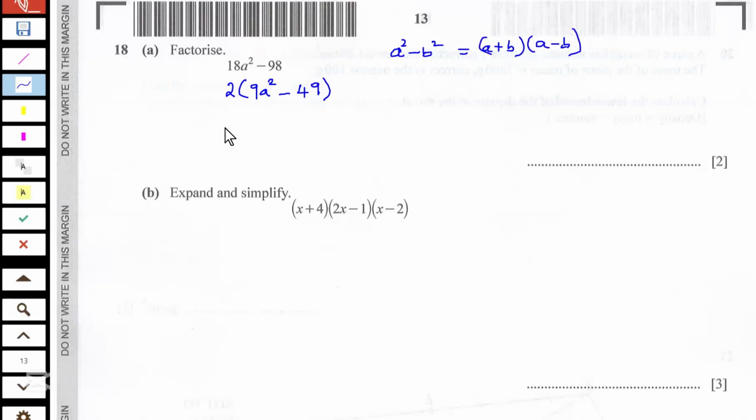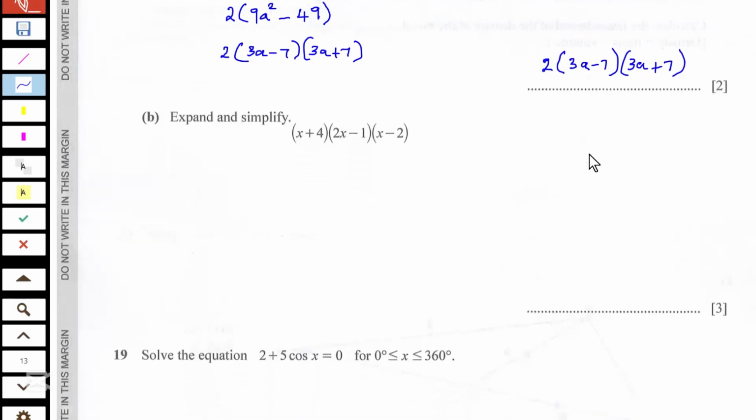So in this case, we will have 2 times, now if you factorize further, it's going to be 3a minus 7 times 3a plus 7. That's the final answer to question 18a. We have the final answer as 2 times 3a minus 7 times 3a plus 7.